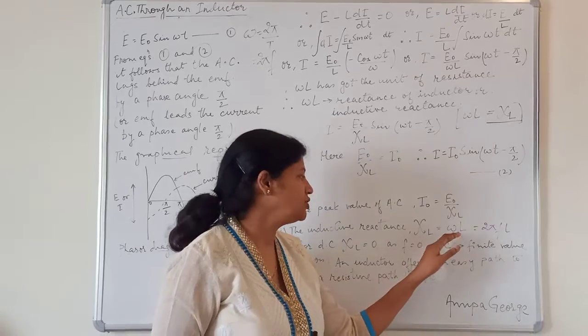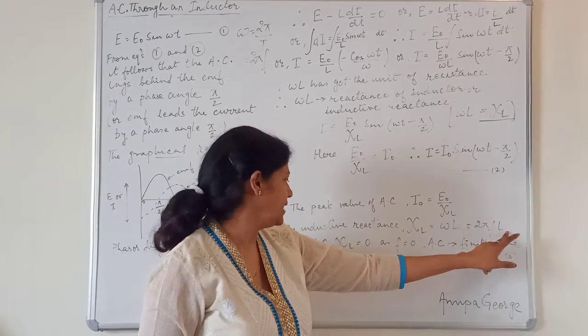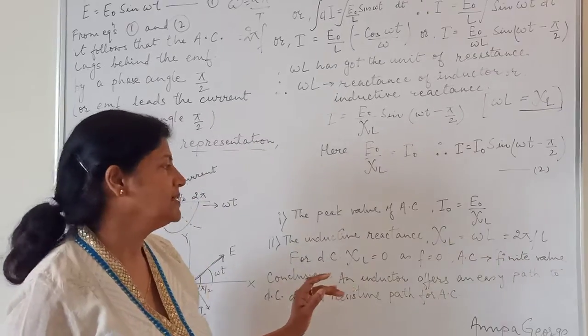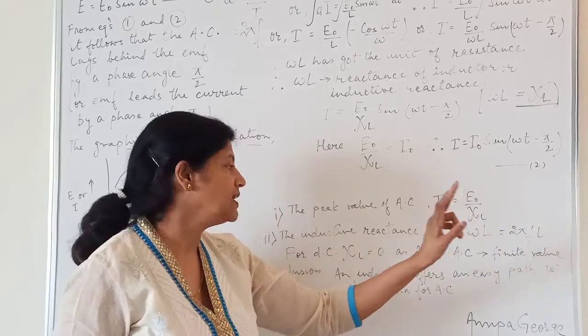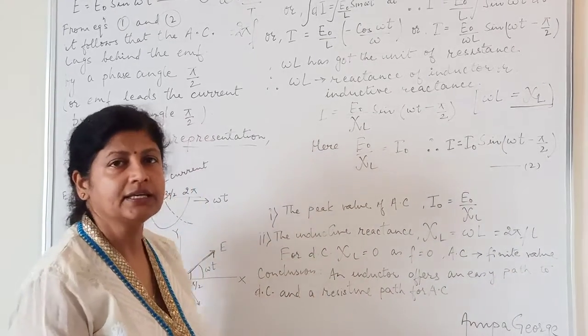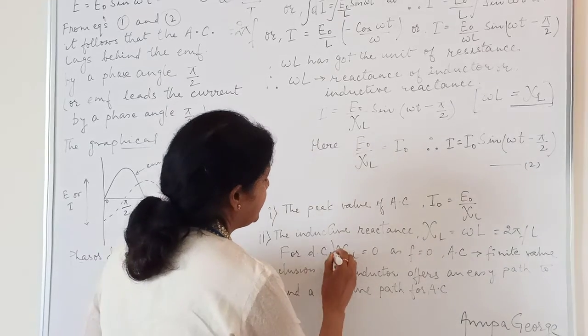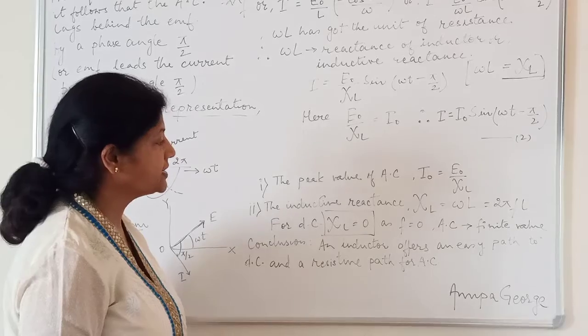So we can write omega L as 2 pi F L. Now, since the frequency for DC current is 0, X_L will be 0 for DC, direct current.